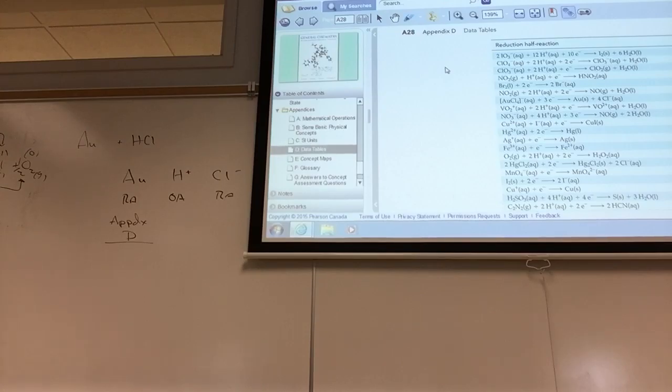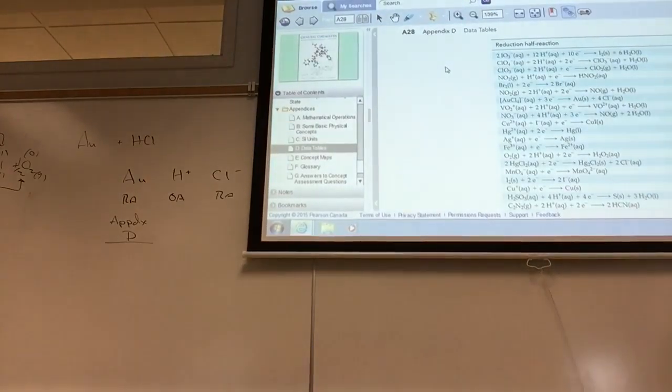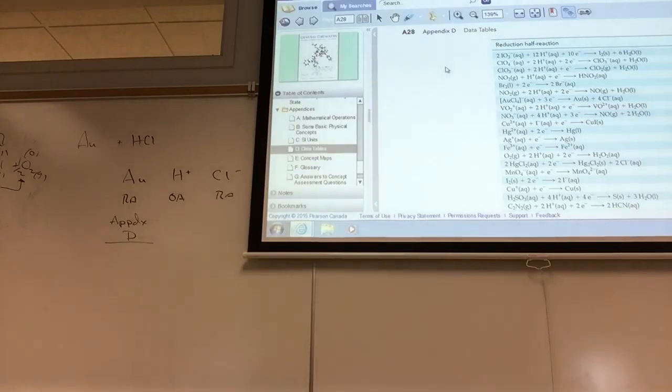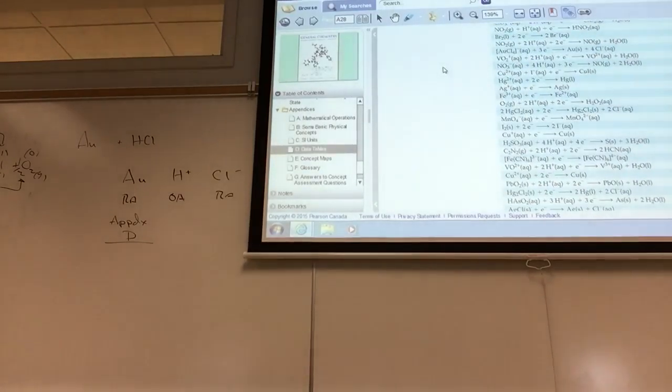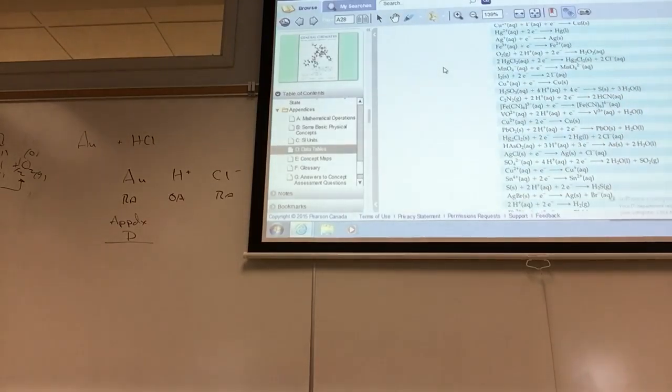Gold occurs in two oxidation states, gold 1 and gold 3. Why did I pick gold 3? I picked it because gold 1 doesn't occur on this chart. Let's find it.